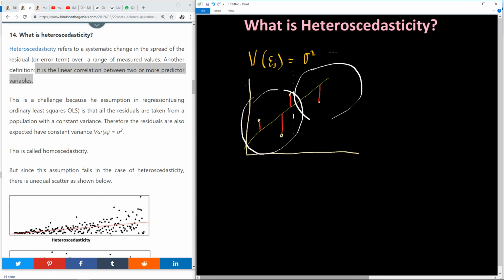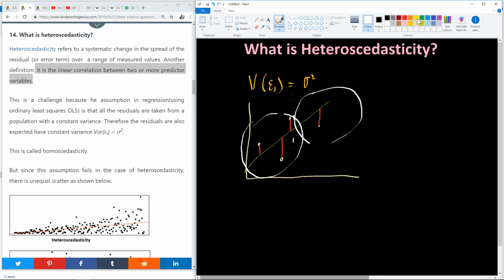But let's assume that the further along you go, the more the error term is increasing. So let's say we have an error term here, a data point here, here, here, and here. In this case, the variation in the error is spreading out across the data points.